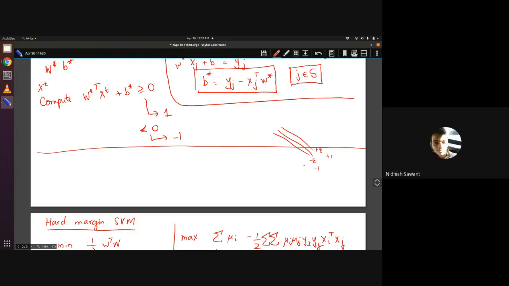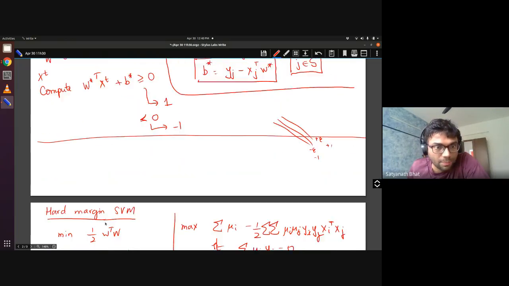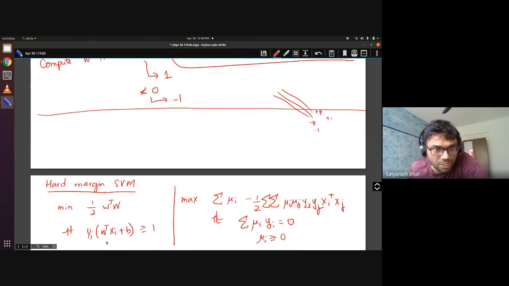So the W star and the B star which we get, and the final boundary on which we are testing our model, that isn't the real line, right? We still have to multiply by an epsilon, right? No. If you want to put the epsilon, then we will have another epsilon coming in this equation. But what I have done is eliminated that epsilon and then set up the problem.